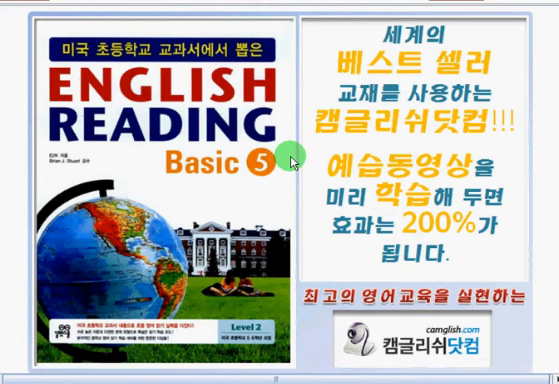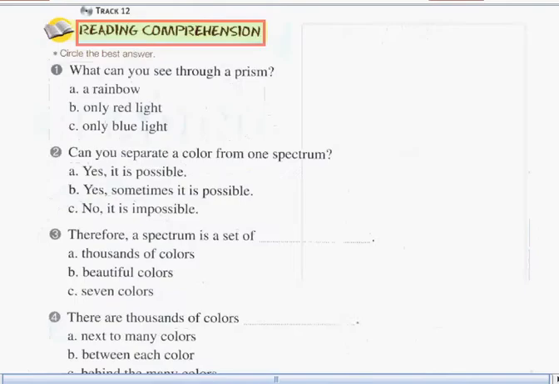So now, let's begin. Today, we will answer 3 activities from this page, and this activity is related to the passage about spectrum.